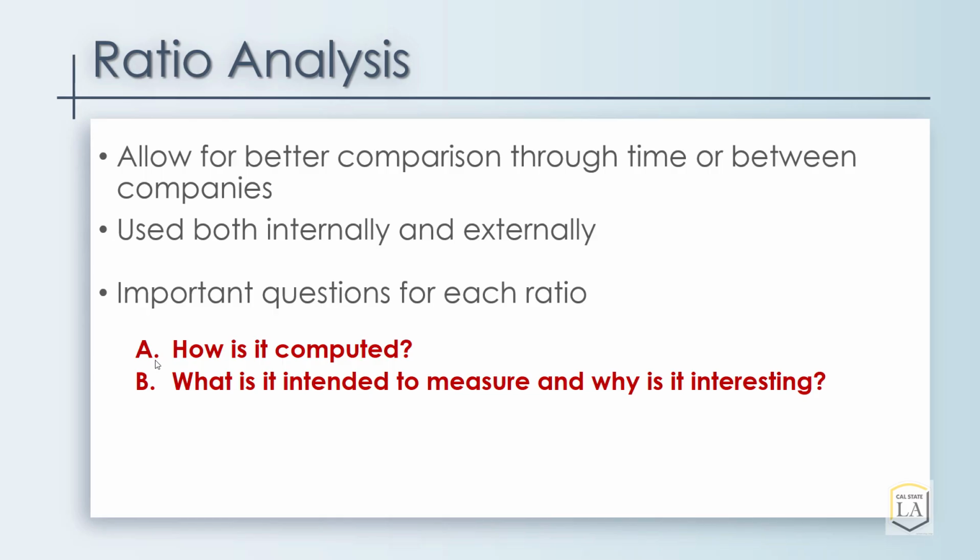So what is the content of the ratio and why is it interesting? And more importantly, I would say the important question here is to whom is it interesting? The last question is, what might a high or low value tell us? So basically, is it better to have a higher number here or a lower number here? That's what you will need to understand and also remember.